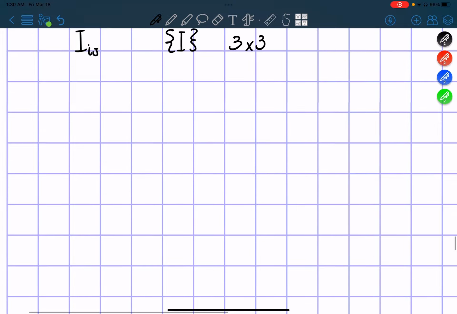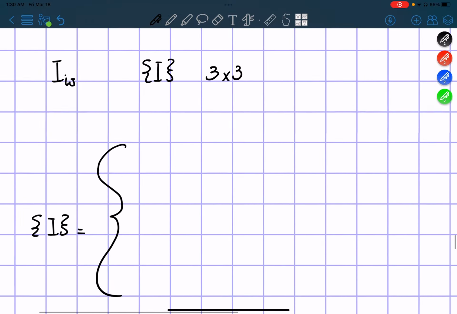So let's expand this matrix. Let me start writing it down. I actually found this part pretty beautiful, and I think you'll see why soon enough.